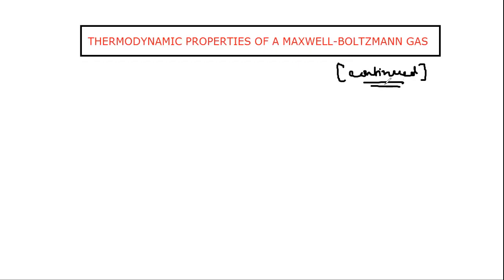In the last lecture, we talked about the internal energy U, then CV, heat capacity at constant volume, then the entropy S. We discussed these three thermodynamic properties in the last lecture of Maxwell Boltzmann gas.